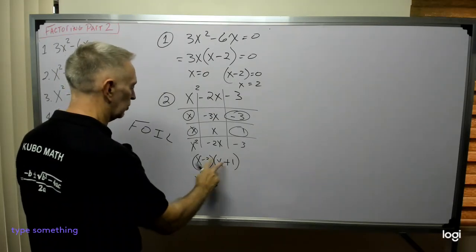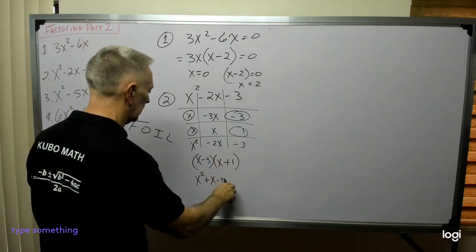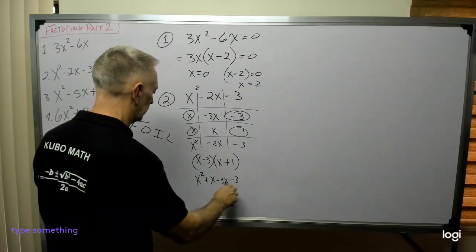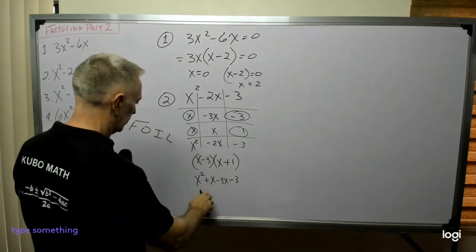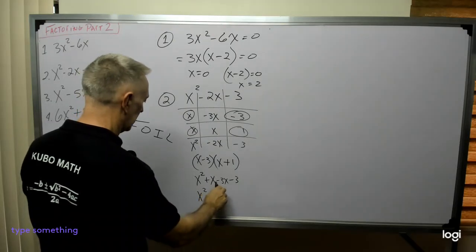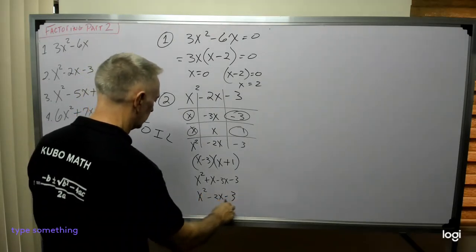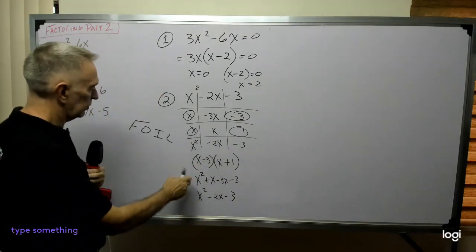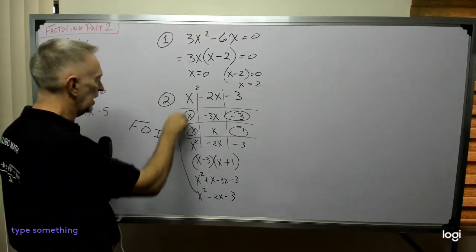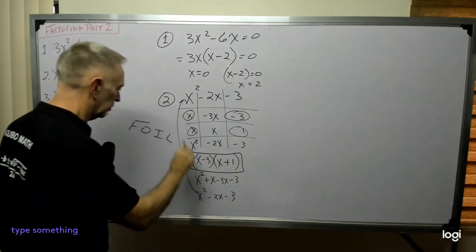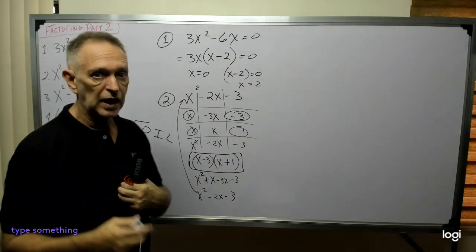Inside, negative 3 times x is negative 3x. Last, negative 3 times a positive 1 is a negative 3. So now reducing this, x to the second power, negative 3x plus x is negative 2x, minus 3. So these factors are exactly what I needed to come up with the original equation. So that's how it factors, how it reduces.